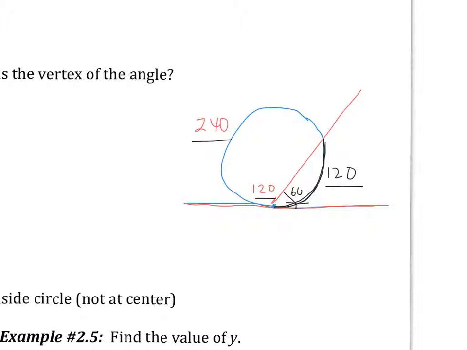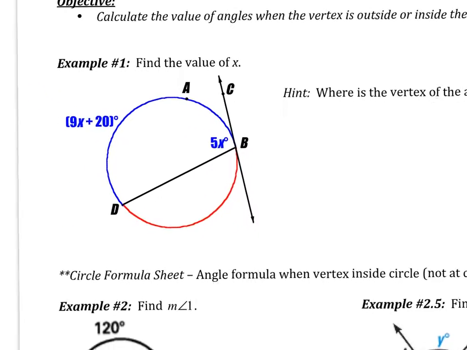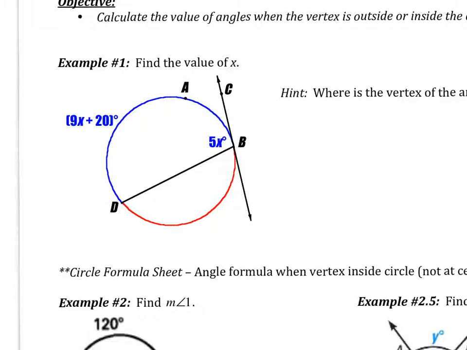All right? So how can we apply that concept to this example over here with algebra? What's the relationship between the 9x plus 20 and the 5x? Mike? 5x is half of 9x plus 20.